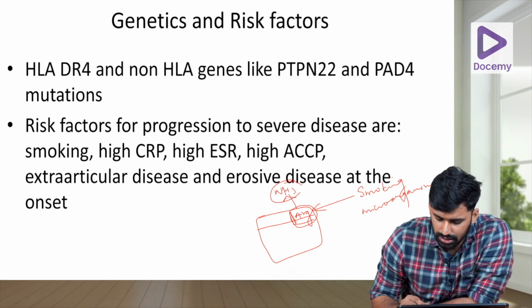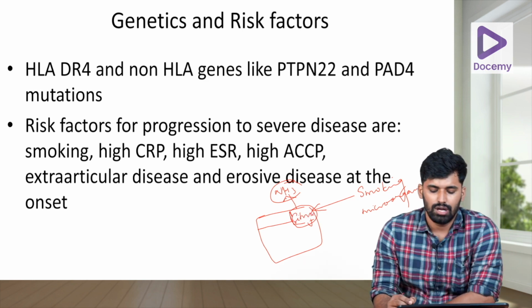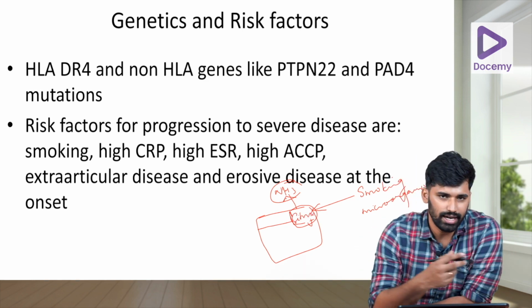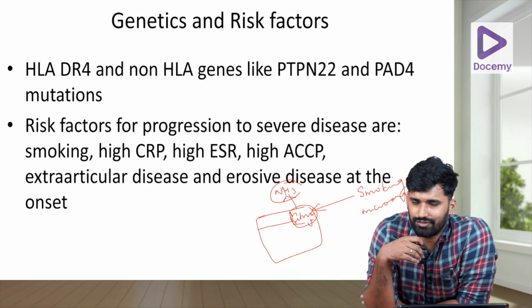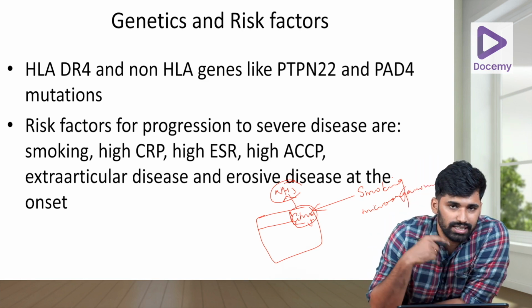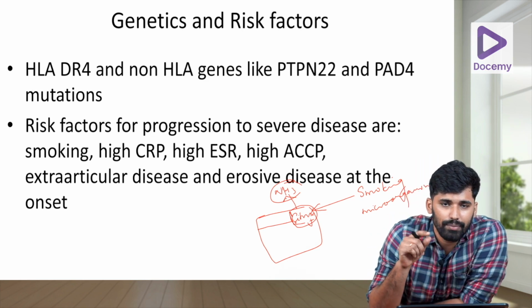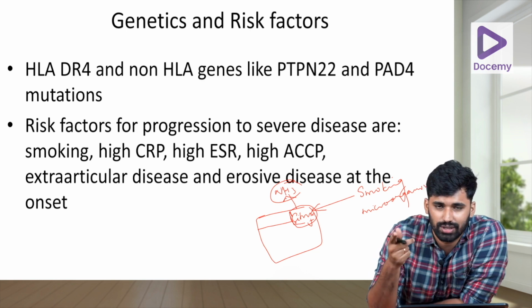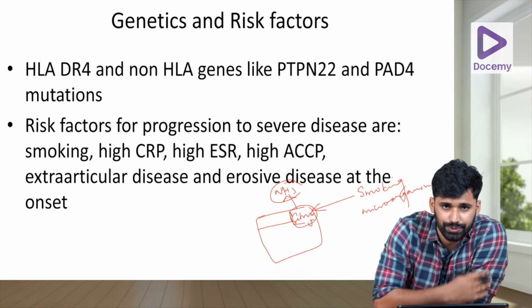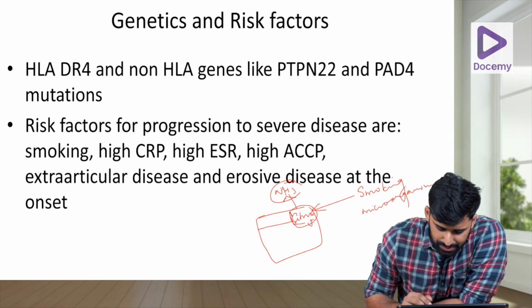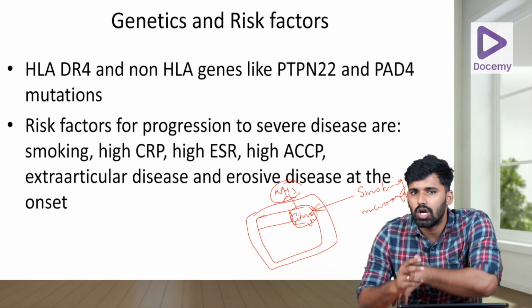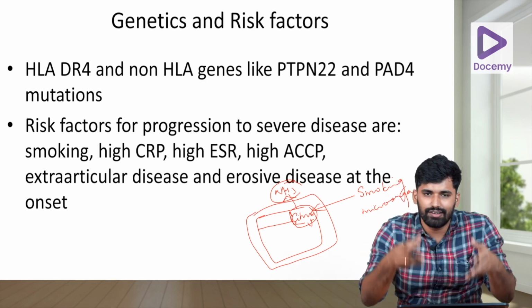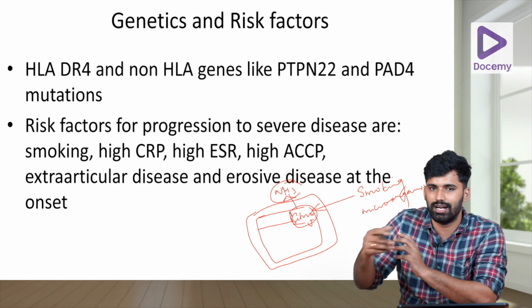This arginine gets converted into citrulline. So smoking, microorganisms and other environmental factors can convert the terminal arginine into citrulline by removing one amino group. This becomes a citrullinated peptide. This is alteration of a self-antigen into a foreign antigen.